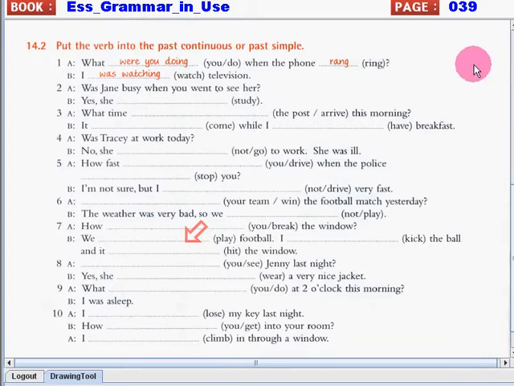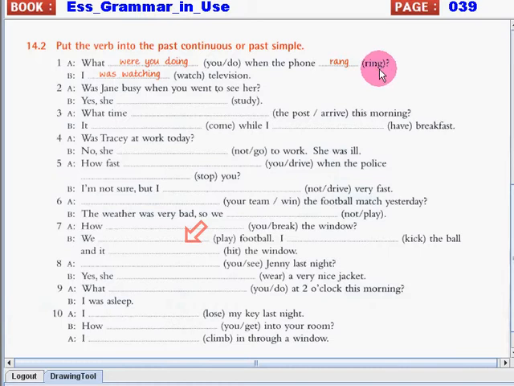We have to put the verb into the past continuous or past simple tense. As you can see, we have some dialogues here and then there are blanks. Also, you can see that we have verbs on each blank, okay? So those are the verbs that we have to change into the past continuous or past simple tense.